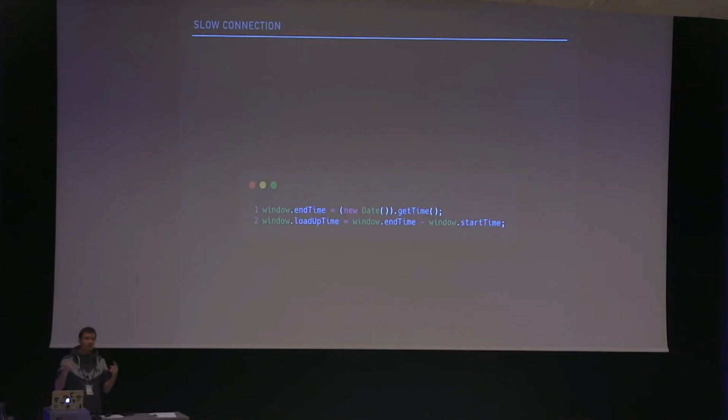Those techniques would also work. You could implement them in JavaScript, but that would mean that you're loading a lot of files down and up. And if you're on a slow connection, you don't want your user to download and upload stuff just for you to know if he is on a fast or slow internet connection.